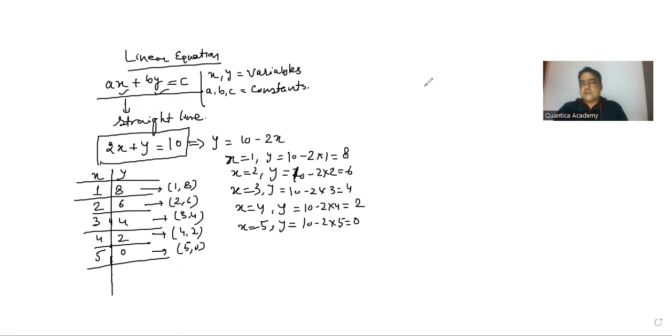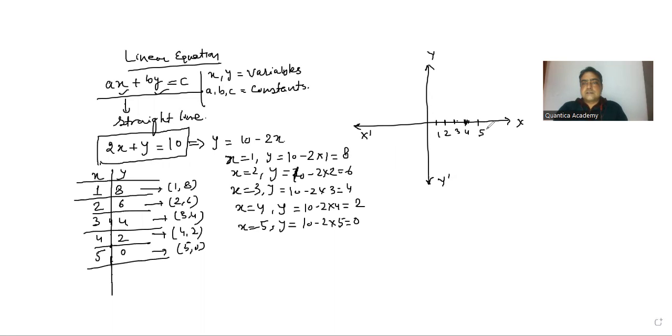Plot these points in a Cartesian plane like this. This is the y-axis, this is the x-axis, positive y, positive x, this is the negative y-axis, this is the negative x-axis. Label these axes: put x equals 1 here, 2 here, 3 here, 4 here, 5 here.